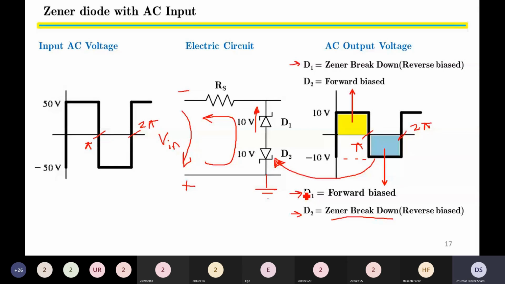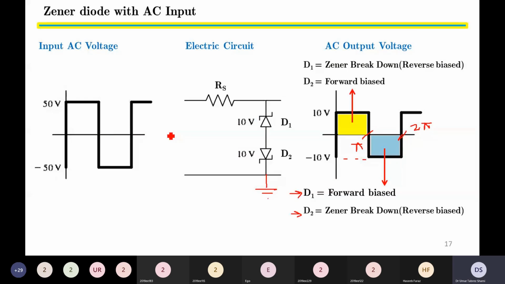So what we have achieved is that we have clipped away certain voltage of the input, and we have got an output voltage which corresponds to the Zener voltage of diodes D1 and D2. So this was the theory of Zener diode with AC input.